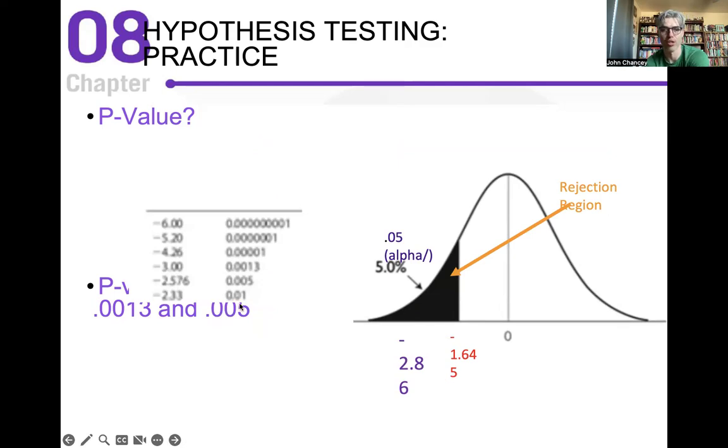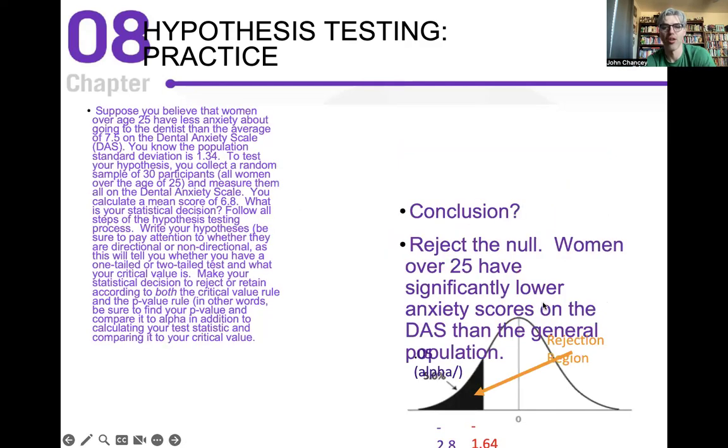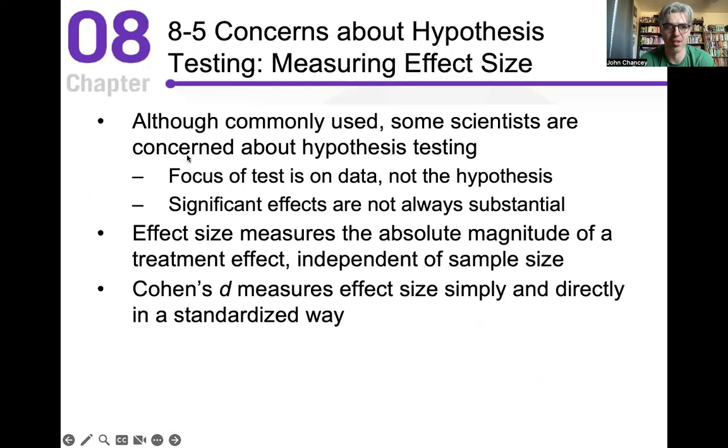So we can definitely reject the null. Women over 25 have significantly lower anxiety scores on the DAS, this dental anxiety scale, compared to the rest of the population. So anyways, that's just showing you how to work through some of that stuff, what the language might look like and how you might put all those steps together to come up with a decision.